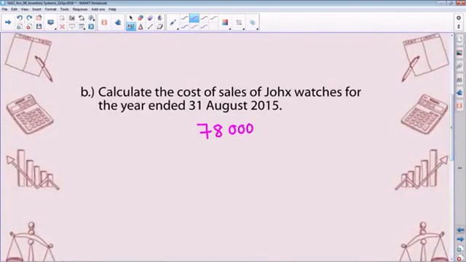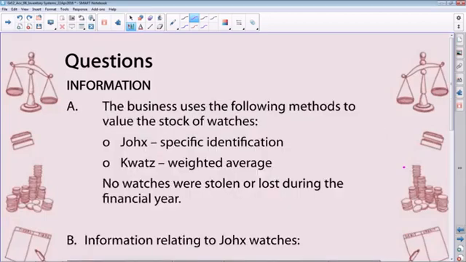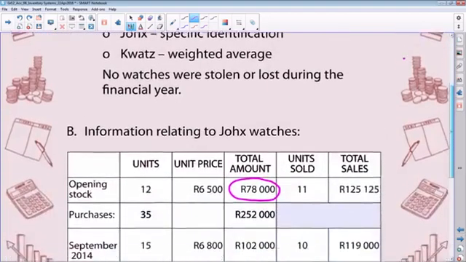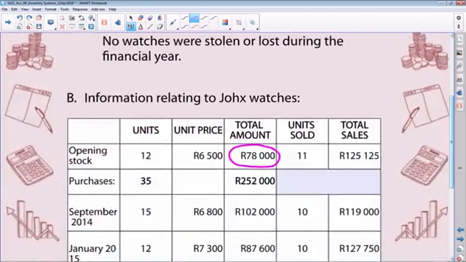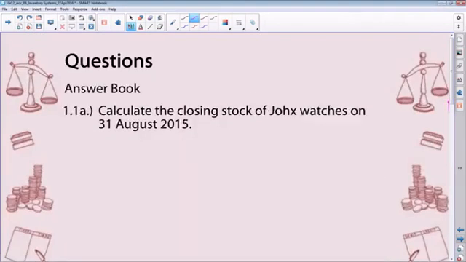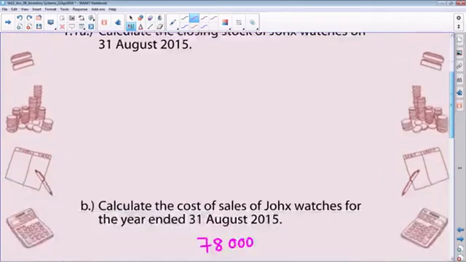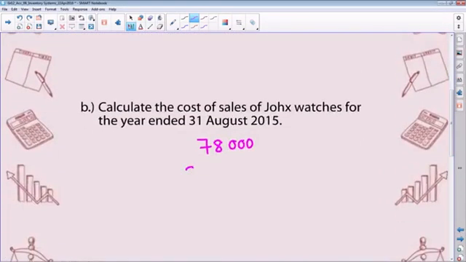Okay? And then what we have here is the total purchases for my Jocks watches, which would be 252,000. So immediately what we say is, let's go to that figure. 252,000 is my purchases figure.